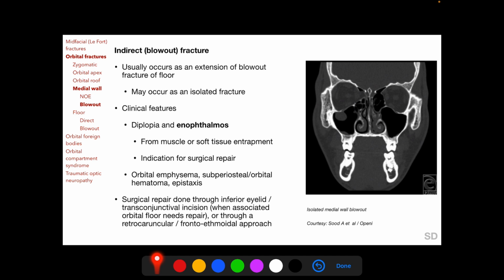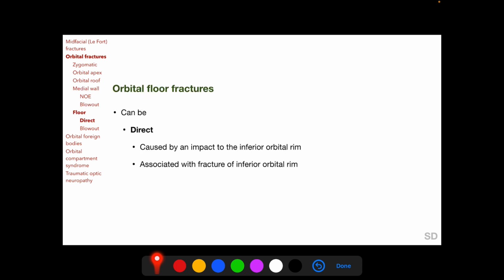When the medial orbital wall blowout fracture is associated with blowout of the orbital floor, surgical repair is done through an inferior eyelid or a transconjunctival incision, giving access to both the orbital floor and the medial orbital wall. But in case of an isolated medial orbital wall blowout, the surgical approach is usually retrocaruncular or frontoethmoidal.